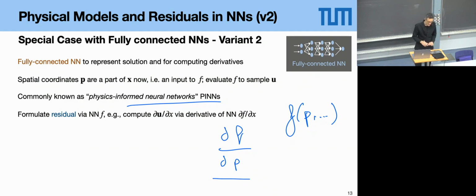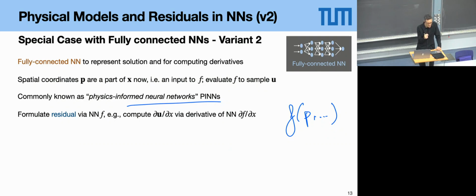This is something that you can get relatively easily in, say, PyTorch or any neural network API. And if you have one, you could potentially do the same thing again to get a second derivative. So you can use the basic functionality to compute any derivative you might need and then piece together your physics model based on these derivatives.